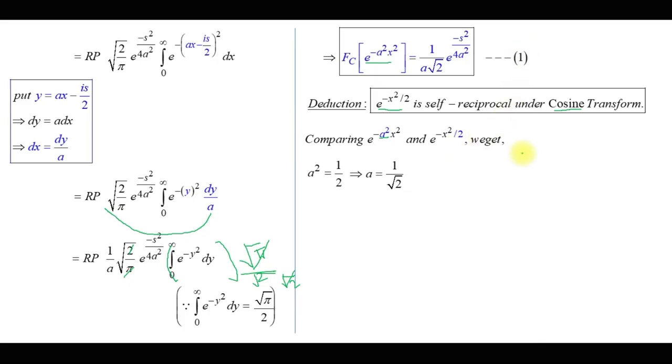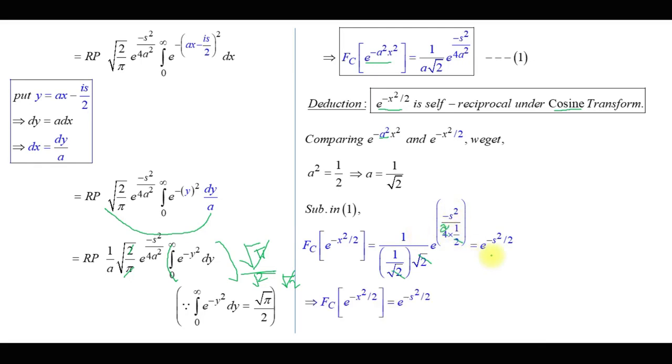Substituting in equation 1, we have the Fourier cosine transform of e^(minus x squared by 2) equal to 1 by, what is a? 1 by root 2, into root 2 e^(minus s squared by 4a squared). What is a squared? 1 by 2. So now this square root 2 and this square root 2 get cancelled, this 2 cancels, which is equal to e^(minus s squared by 2). This implies the Fourier cosine transform of e^(minus x squared by 2) equals e^(minus s squared by 2). So note that both are the same function, the only difference is here x, here s.